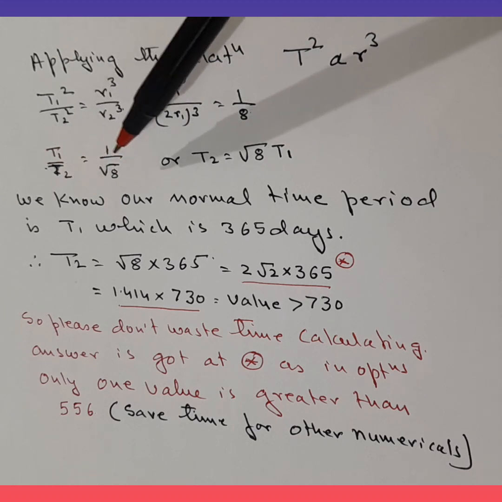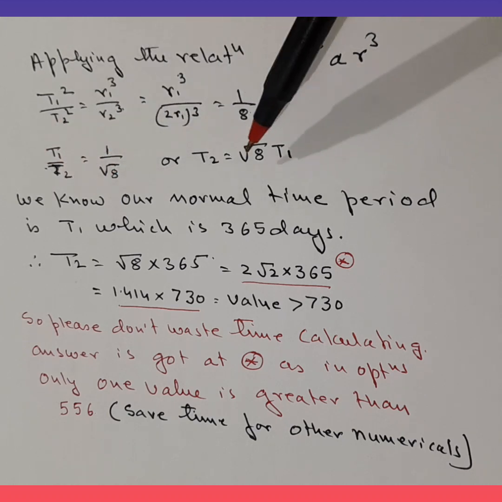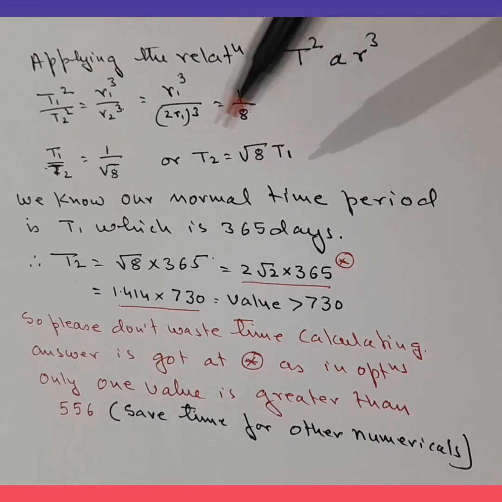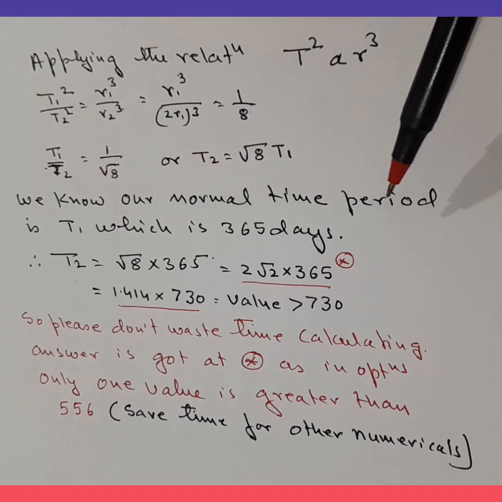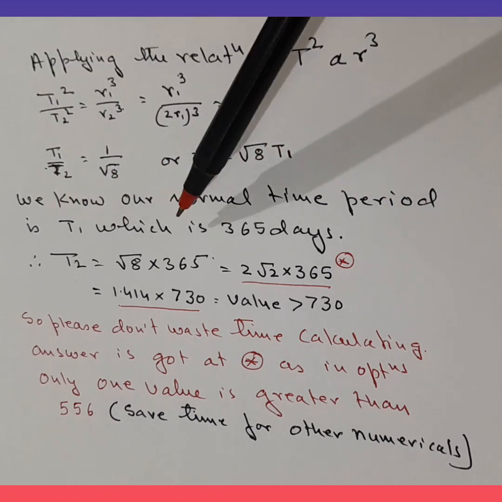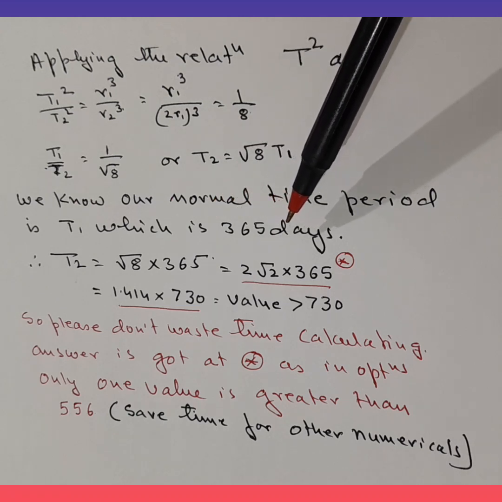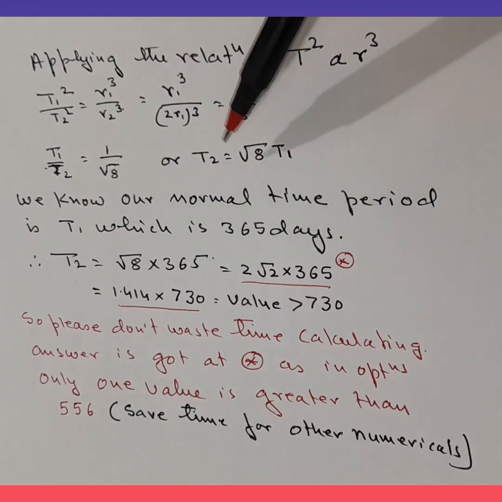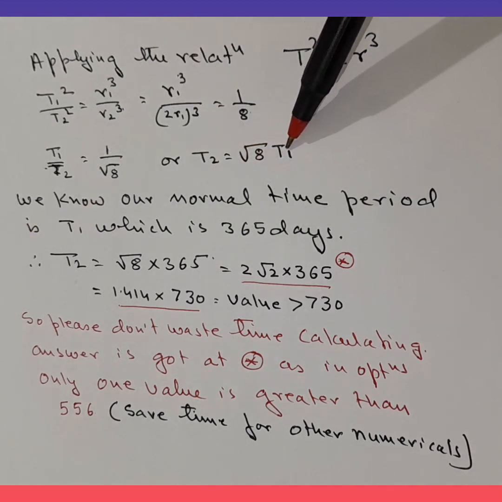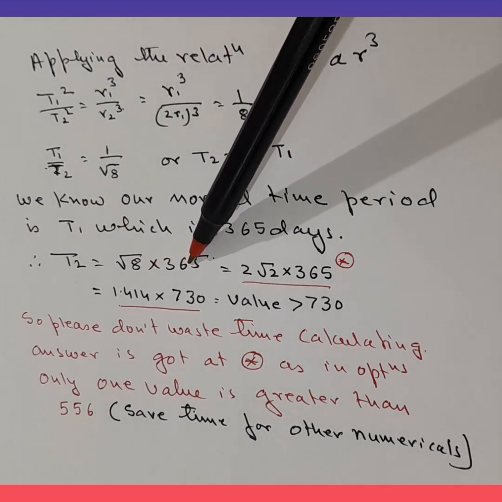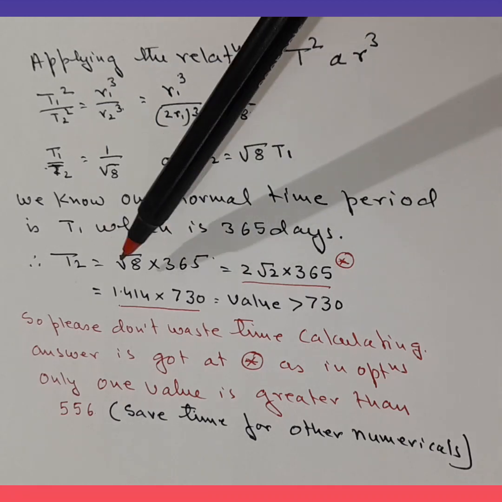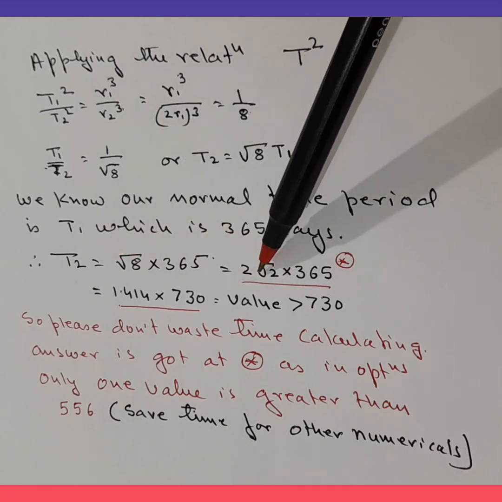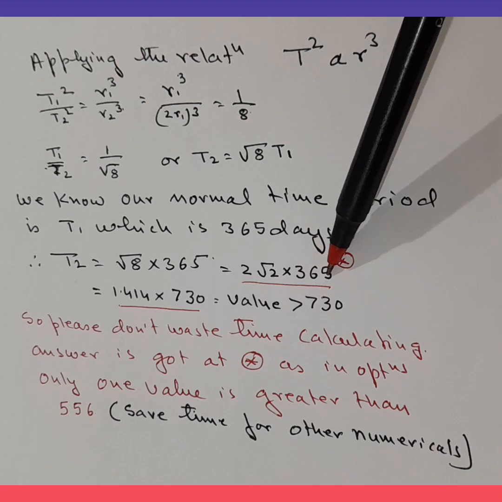So if we take t2 this side, it becomes root 8 t1. We know our normal time period t1 is 365 days, that's what we are existing in. Therefore t2 is equal to root 8 into t1, root 8 into 365. Now we know root 8 is equal to 2 root 2, so 2 root 2 into 365.